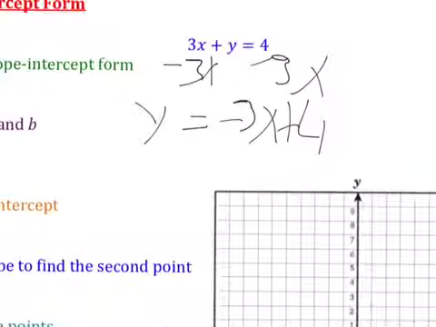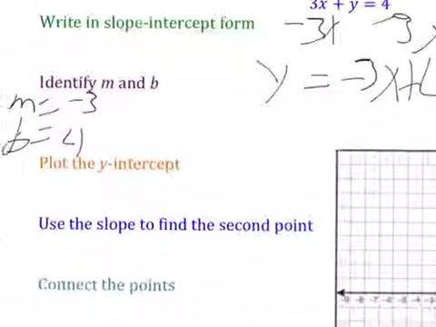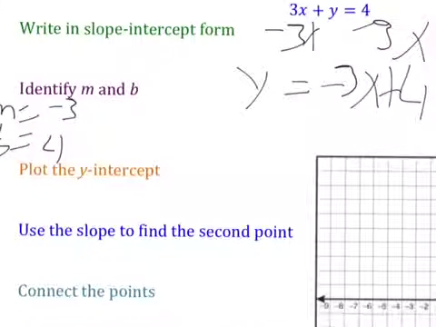This one you do negative, so you do minus 3x and minus 3x. You have negative 3x plus 4 equals y. And subtract 3 from both sides. This is our slope, so that would be negative 3. Then this is our y-intercept, so it would be positive 4.